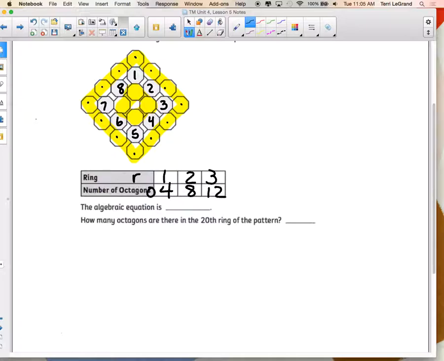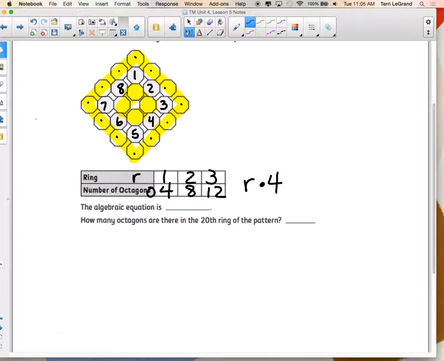So what would our algebraic expression be? First of all, what do we have to do to R to get the number of octagons? Multiply by 4. 1 times 4 is 4, 2 times 4 is 8, 3 times 4 is 12. So that looks like our pattern. Multiply the ring number by 4.